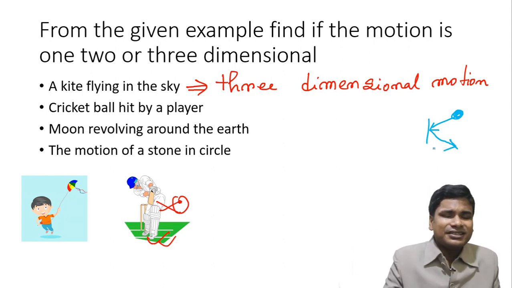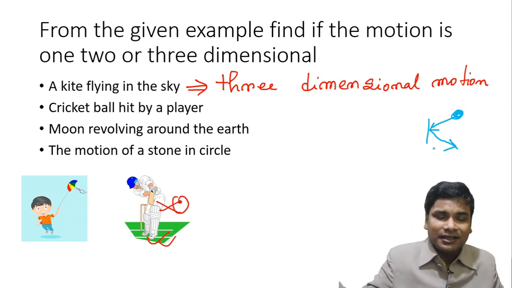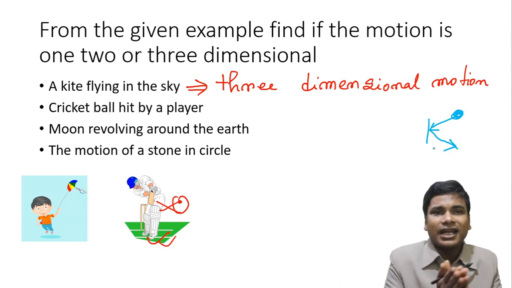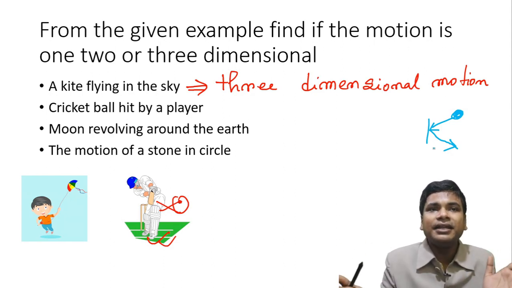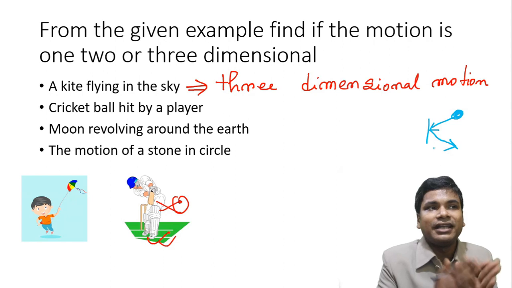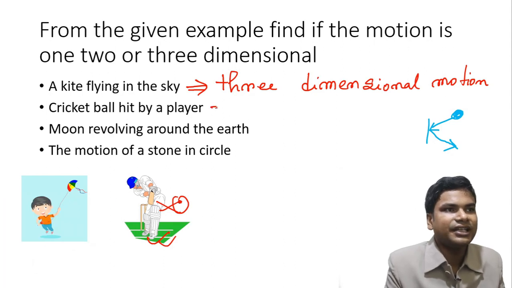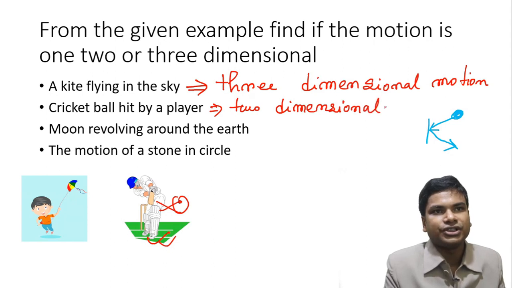So don't you think the entire phenomenon is happening in 2 dimensions only? The ball is coming, the player hits the ball and the ball moves in another direction. So the entire thing is happening in a 2-dimensional plane only. That is why it will be an example of 2-dimensional motion.